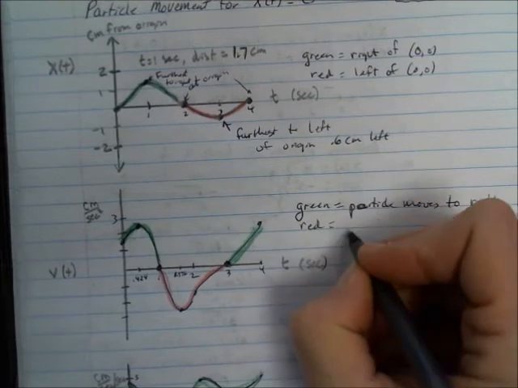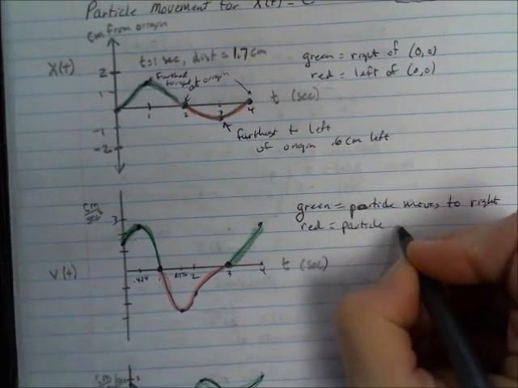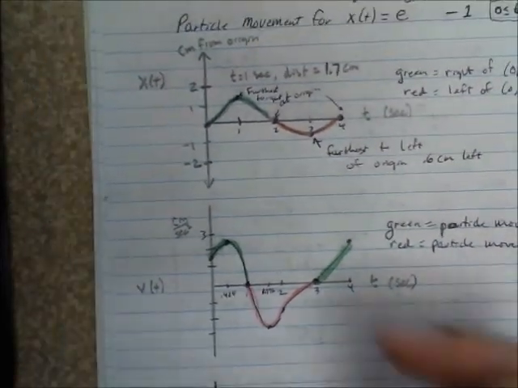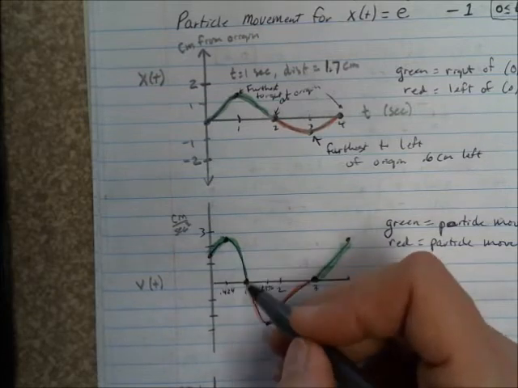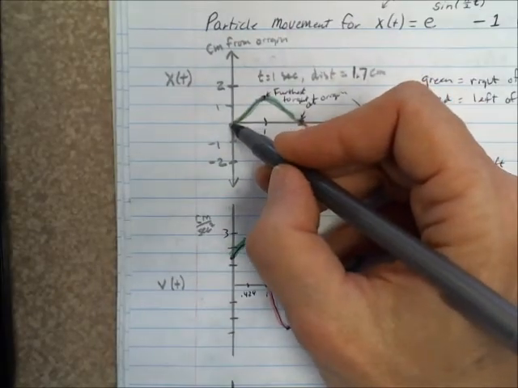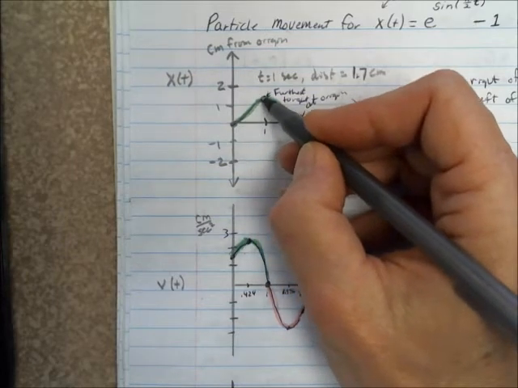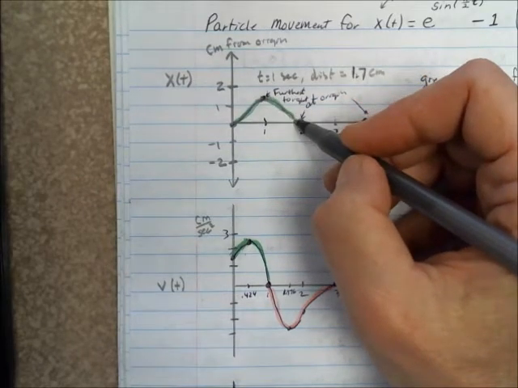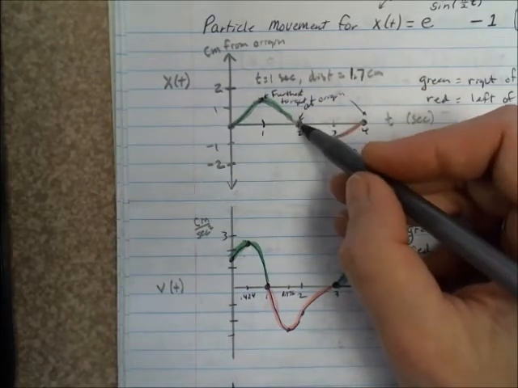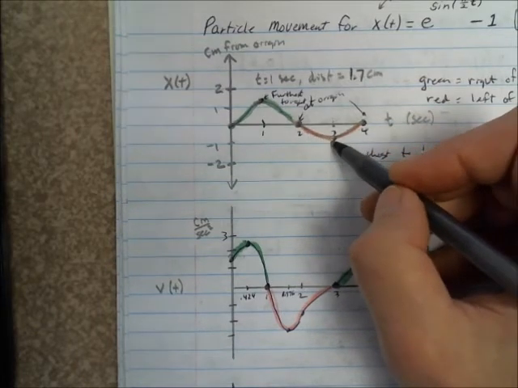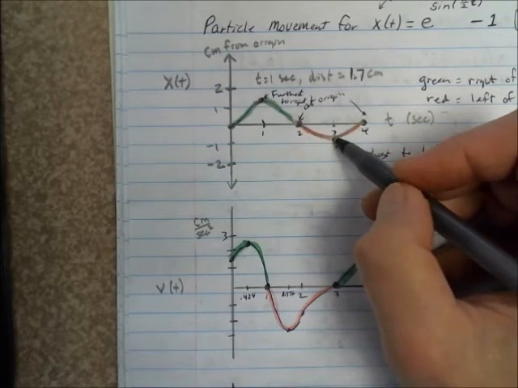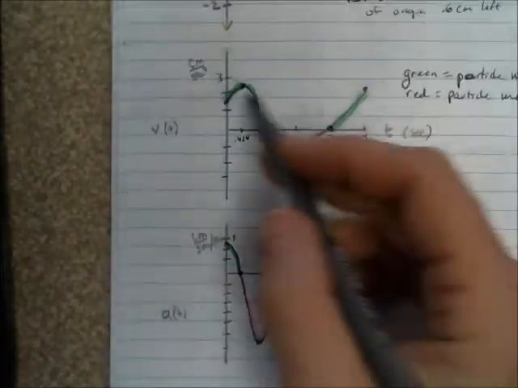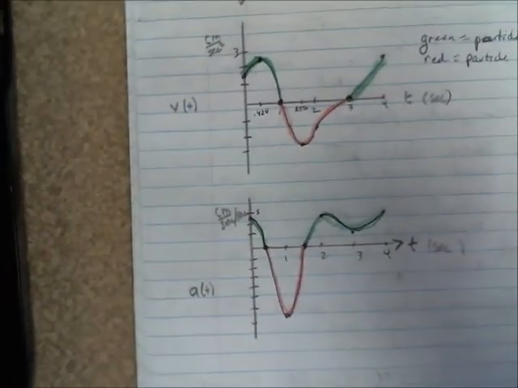And red means particle moves to the left, which makes sense because when you're above the x-axis right here, it means the particle starts at 0 and it goes to the furthest to the right, and then once it hits the furthest to the right point, then it turns around and heads back to the origin again. And then it keeps on going past the origin, and then it goes to the furthest to the left when it hits down here, and then it turns right around and goes back toward the origin again. And we'll graph this movement on the x-axis. So that's what the red and green mean as far as velocity goes and the graph of it.